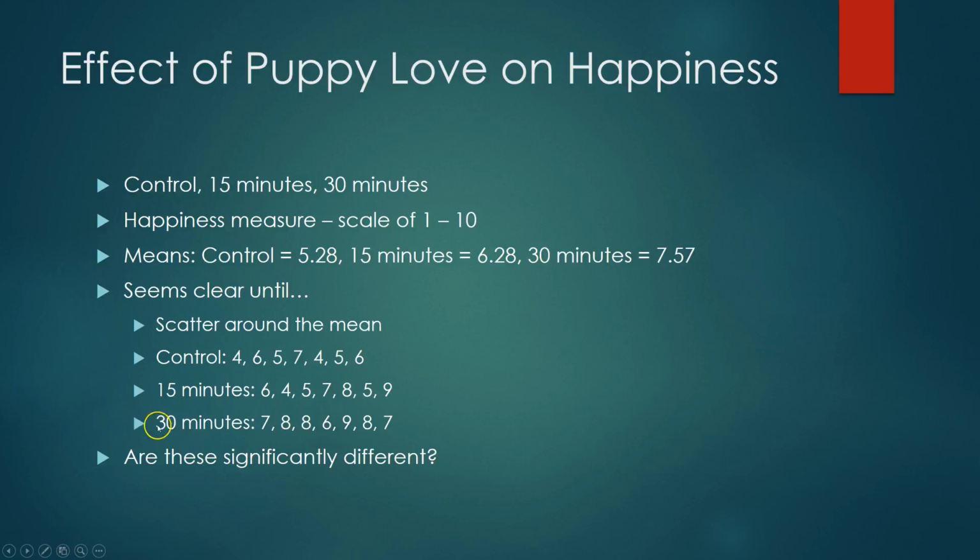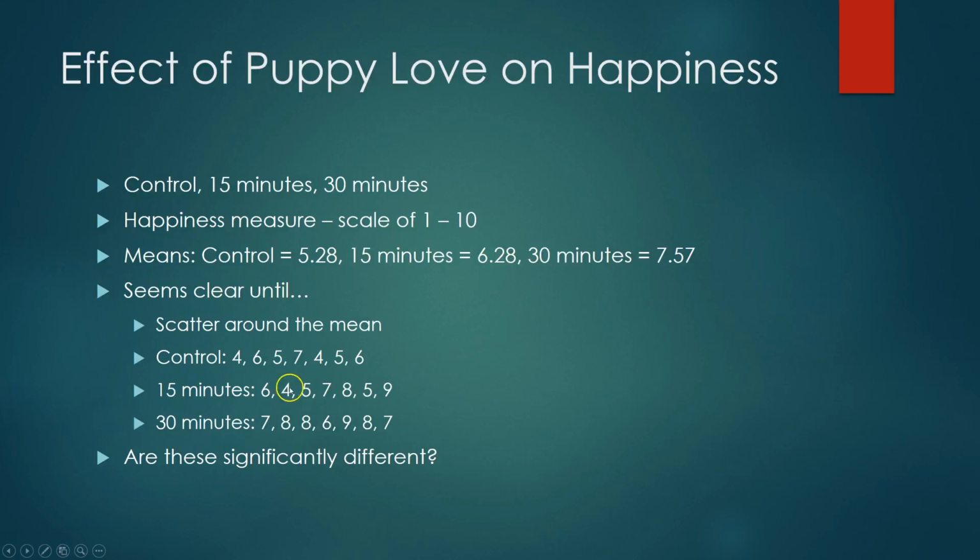So let's go down here and look at our control group, where we had 7 measures. We had 7 people in the control group, and their measures were 4, 6, 5, 7, 4, 5, and 6. That's what yielded the 5.28 control mean. For our 15-minute group, the measures were 6, 4, 5, 7, 8, 5, and 9, and that yielded the mean of 6.28.